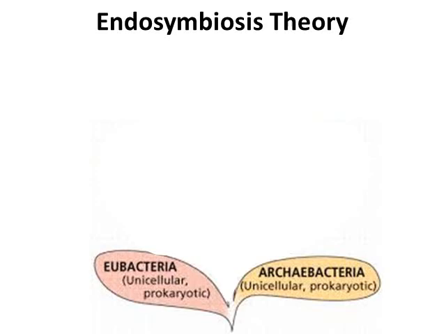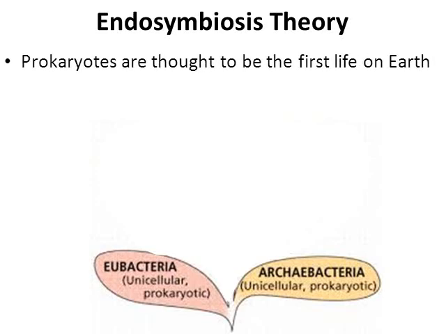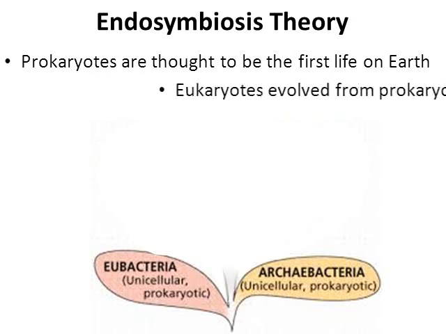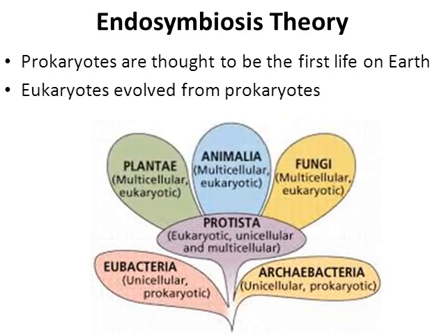The last thing I want to briefly mention is the endosymbiosis theory. Prokaryotes, also called bacteria, are thought to be the first inhabitants of Earth, and we think that because we've analyzed their DNA, we found fossils, and they appear to be the oldest fossils. Over time, we think that eukaryotes eventually evolved from them. So protista, plants, animals, and fungus, our ancestors are prokaryotes, are bacteria.